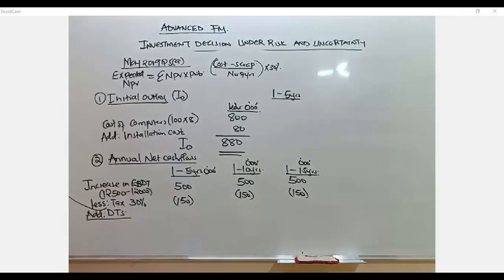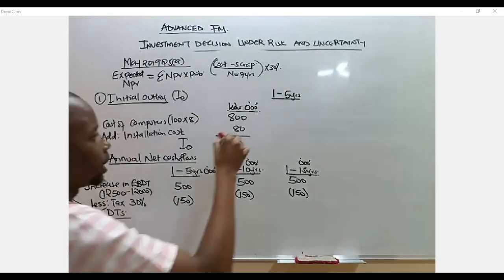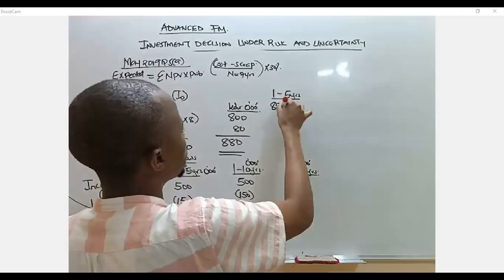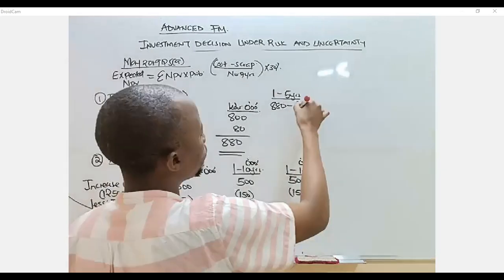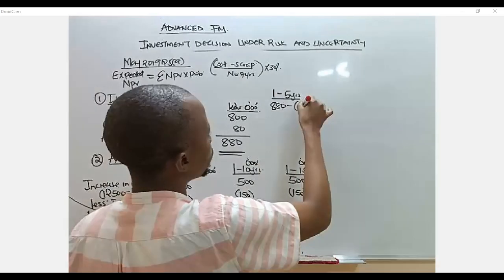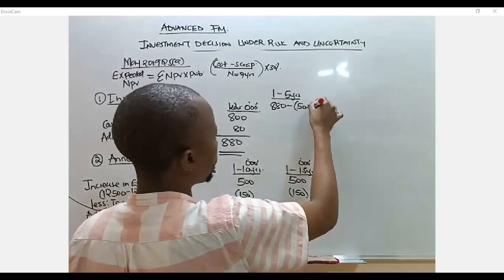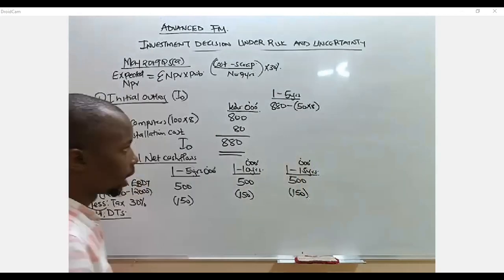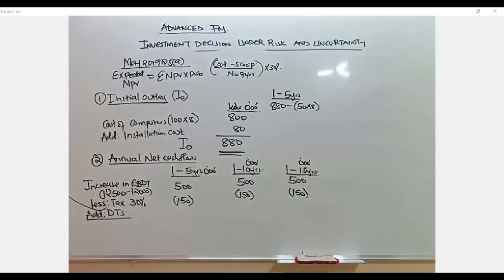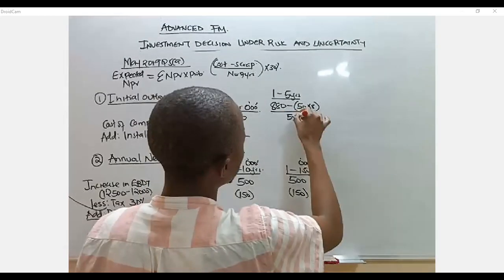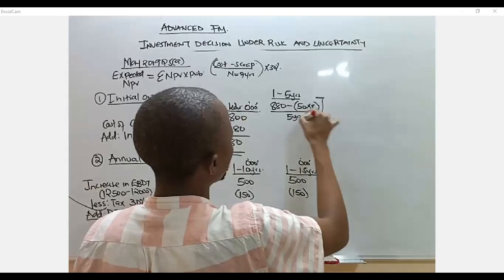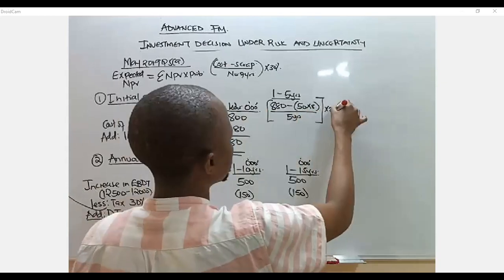The total cost of the machine is 880, minus the scrap value, which we were told is 50 per machine. Then we multiply by 8, getting 400. Then you divide by the number of years, which is 5 years, and multiply by 30%.